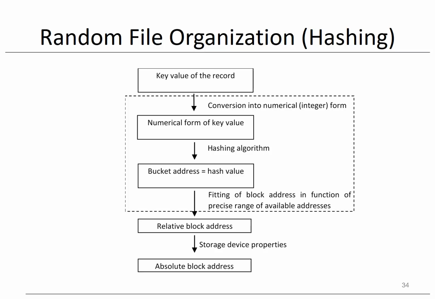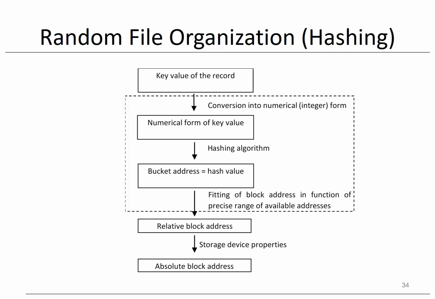In the next step, this bucket address is translated into an actual block address. For that purpose, it is multiplied by a constant that compresses the generated hash values into the exact range of desired block addresses. The latter is still a relative block address, that is, relative to the first block of the file.